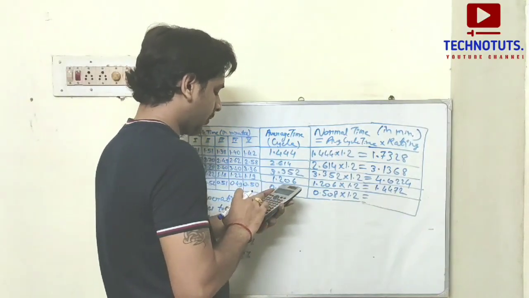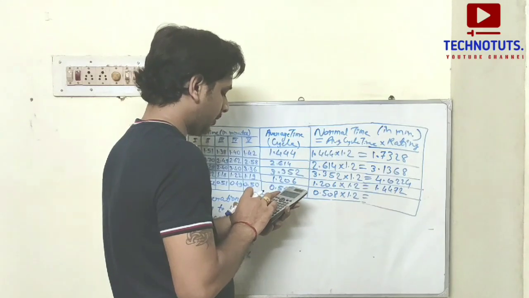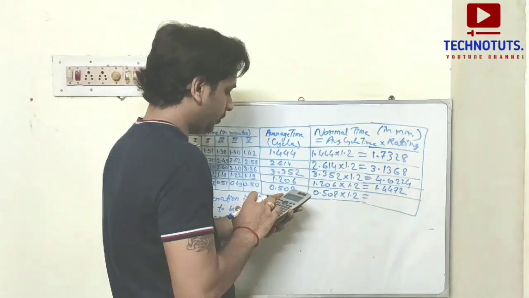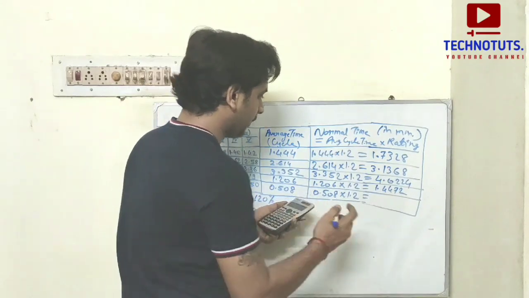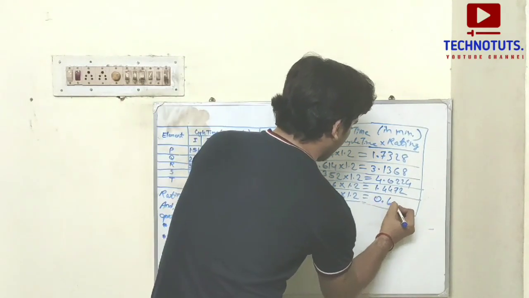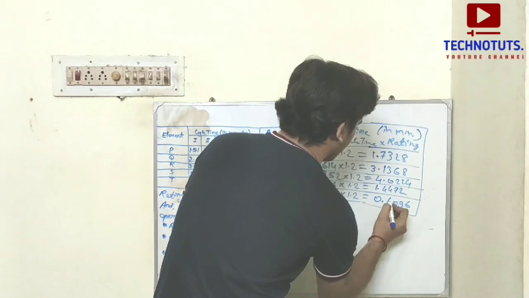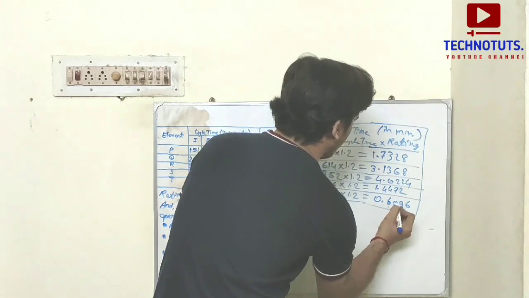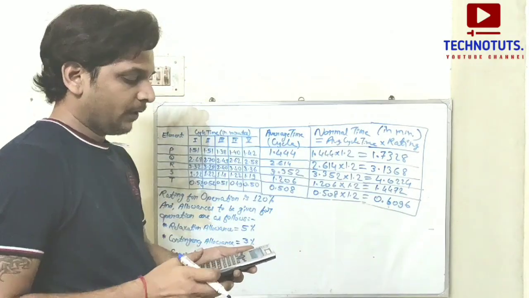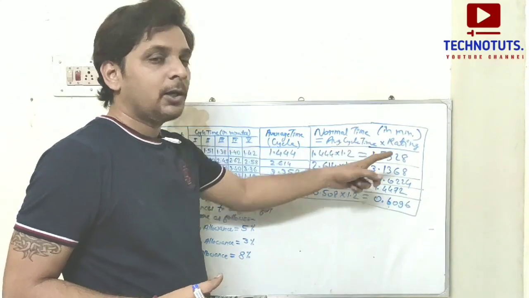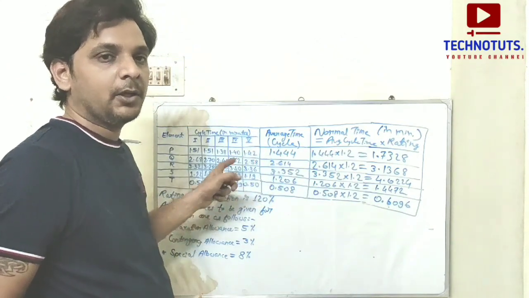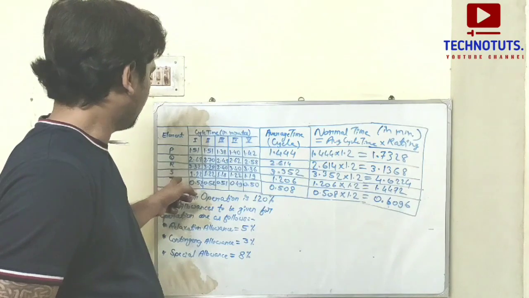So normal time for element T is 0.508 into 1.2. Its value is 0.6096. Now we have calculated normal time for each element P, Q, R, S and T.